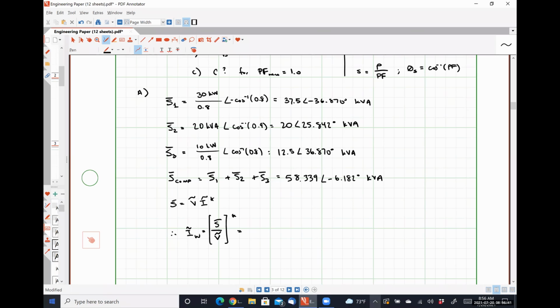The S in this case is the total complex power. So that's going to be 58.339 angle positive 6.182 degrees kilovolt amperes, because I'm conjugating my numerator. And then my denominator here is going to be 480 angle, and I'm going to list it as negative 0 degrees, even though I know it doesn't remotely matter, just to remind you that you are supposed to perform the conjugate operation on the denominator as well.